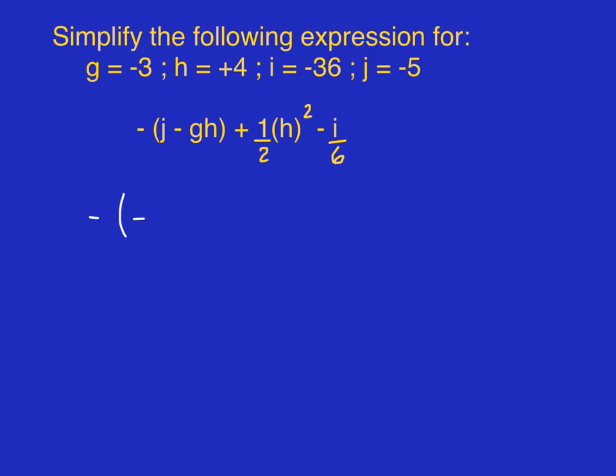I know that when we were in class, we talked about that negative sign outside the parentheses and how it means that we take whatever's inside the parentheses and make it negative. Now the thing that we didn't talk about is, well, what if the answer inside the parentheses is in fact negative itself?